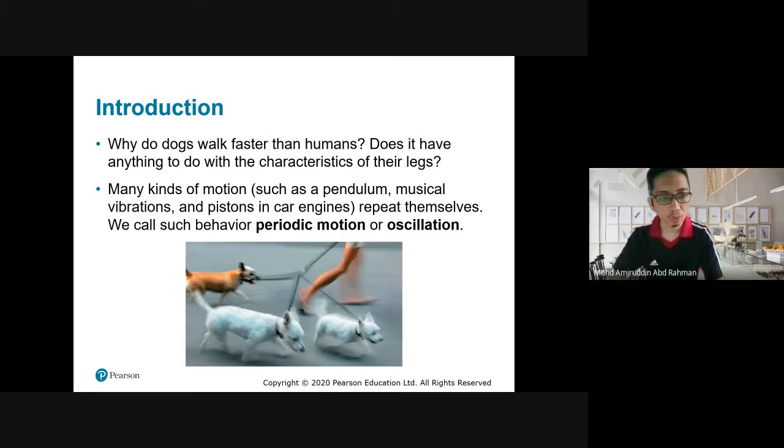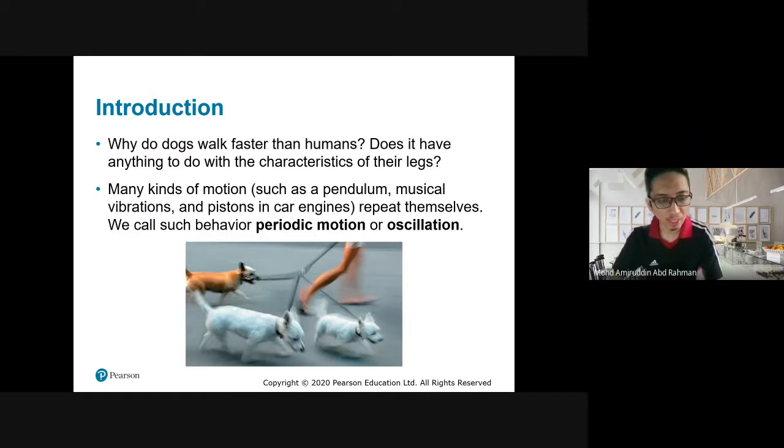All right, so we observe the motion of the dog. Why is it faster than us? Does it have anything to do with the characteristic of their legs? So that depends actually.